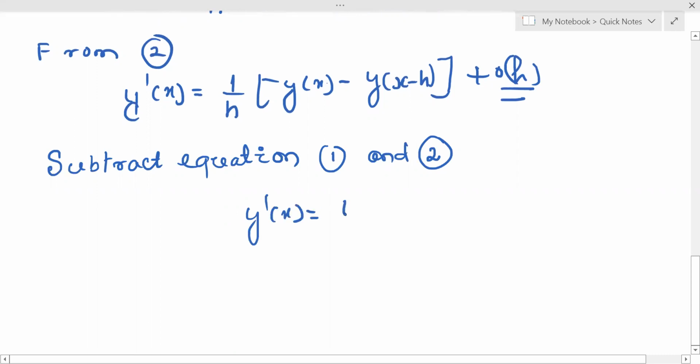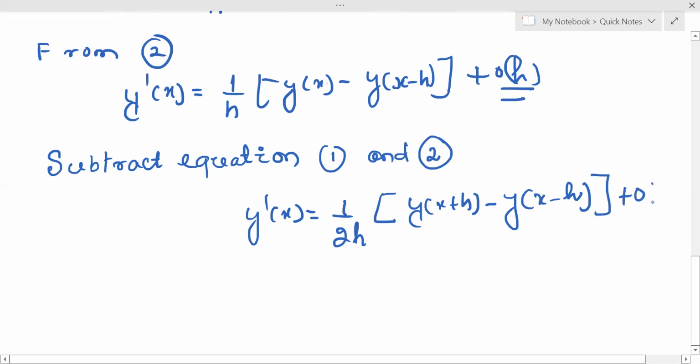becomes 1 by 2h times y(x+h) minus y(x-h), plus order of h squared, which is the central difference approximation method. This procedure is called the central difference approximation method.